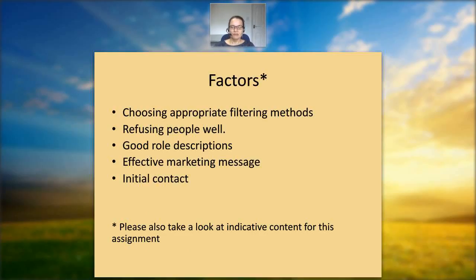They may have filtered themselves out because you were clear in the role description of the sort of hours and the commitment level that you wanted from them. It may be that within the advert you said something about the sort of qualities or skills you were looking for in the person. So the filtering process can be a factor within an effective recruitment process.